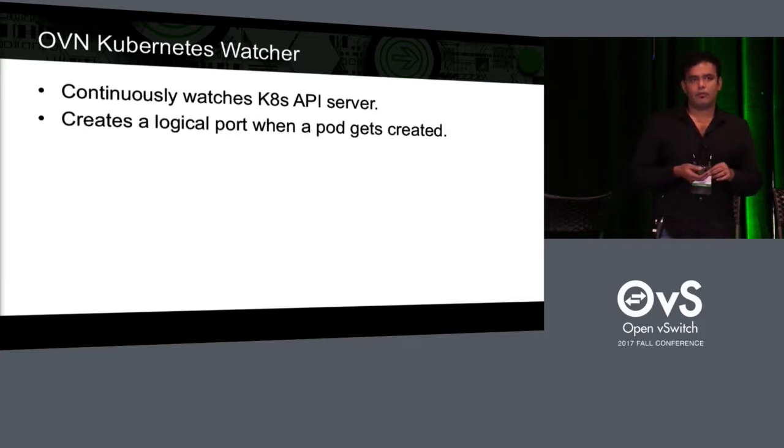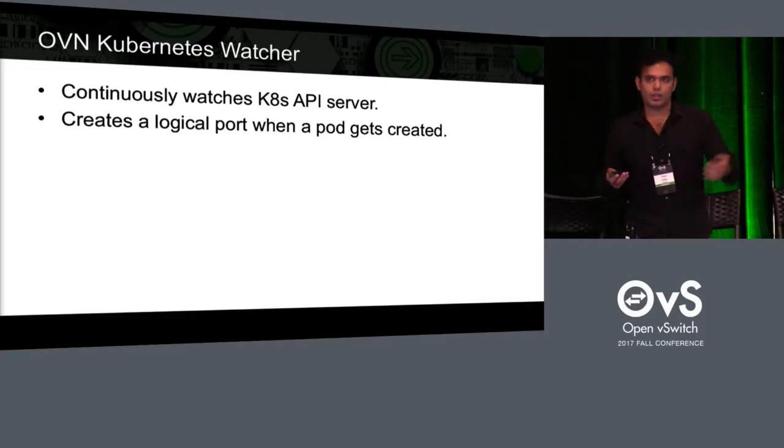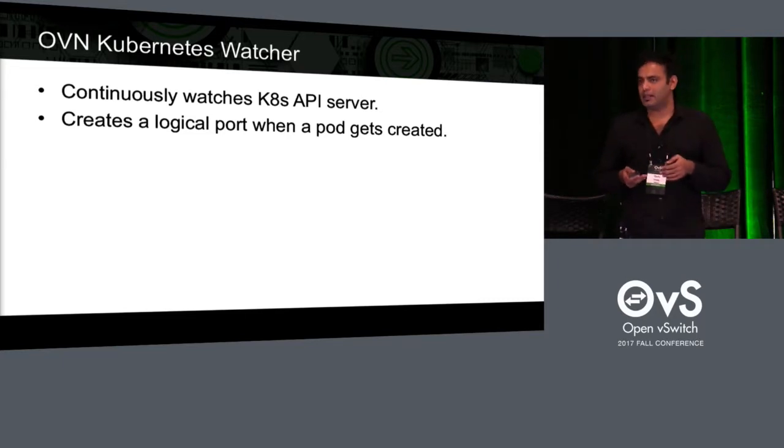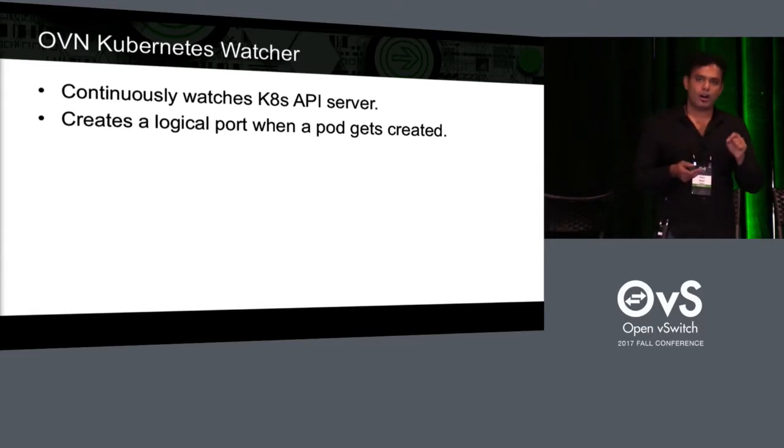For example, when Kubernetes creates a pod, you get a notification, and you can create a logical port in OVN. You can ask OVN's IPAM to provide IP addresses back to you, and then we annotate the pod object with the IP addresses. Now, when the pod actually gets created in a minion, you know its IP address, and you can just configure it there.